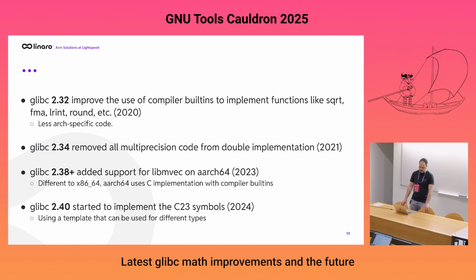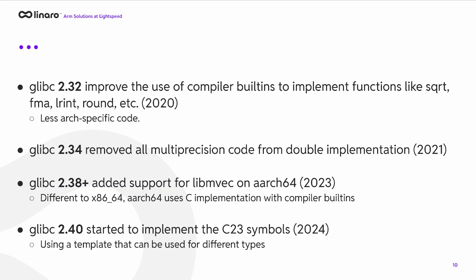Again, different from x86, ARM tries to leverage the compiler using C implementations instead of a whole block of assembly. And it's very interesting because you can see improvements over the GCC releases, and it also shows some GCC shortcomings that ARM is fixing.